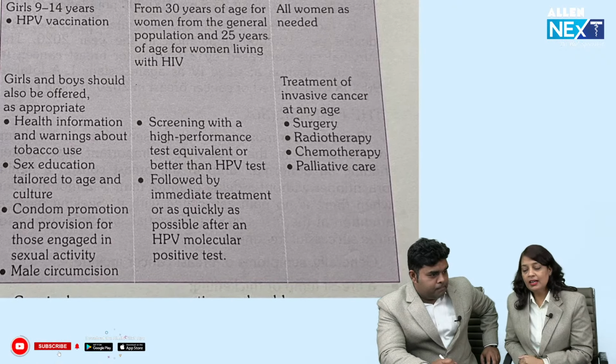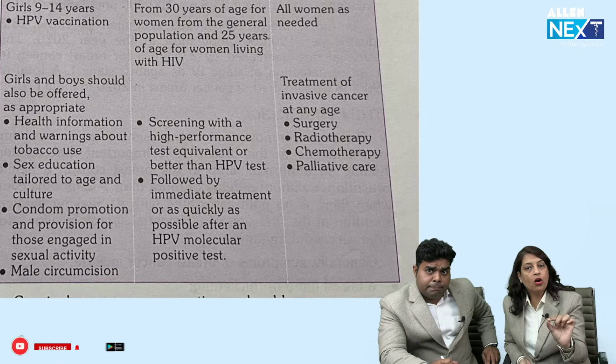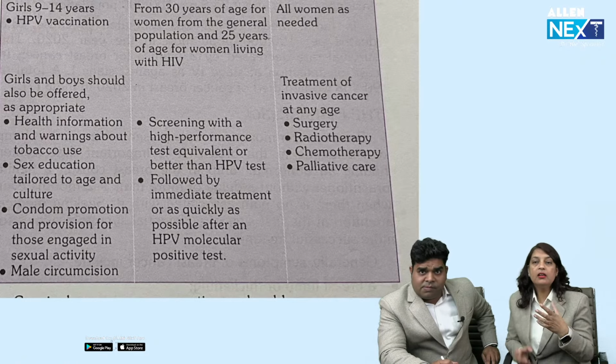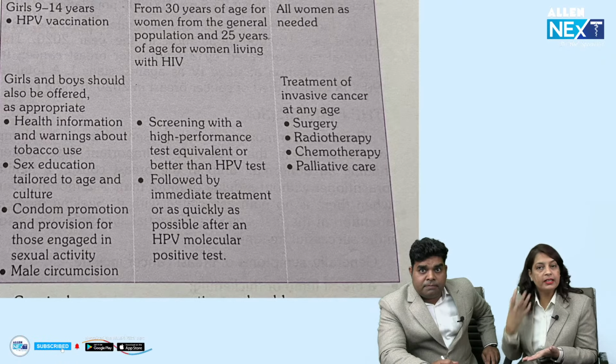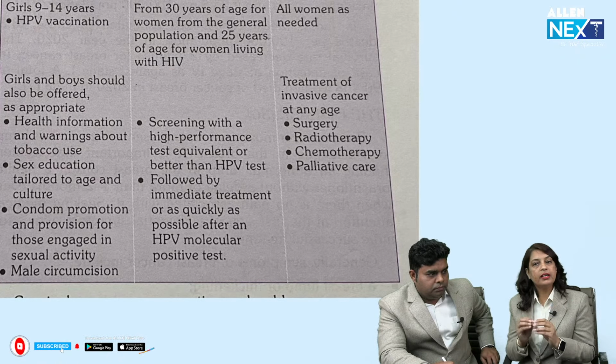Now, what is that? We do not have, and WHO or Government of India do not recommend any routine screening for endometrial cancer or ovarian cancer, because we don't have a simple screening test. If there is any high risk, then we can do certain tests.